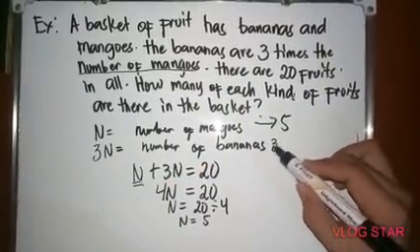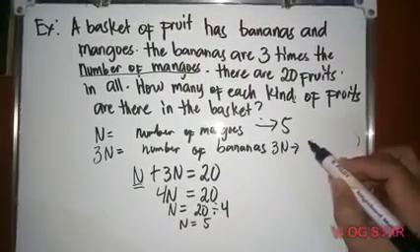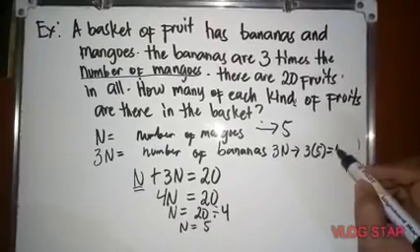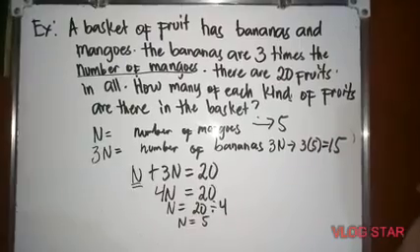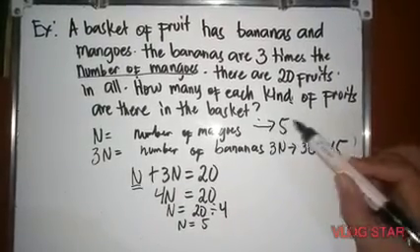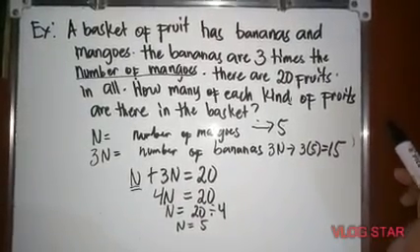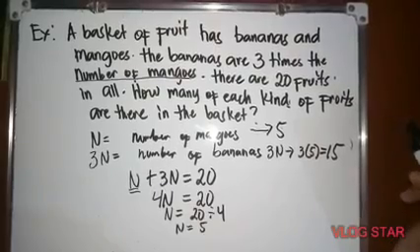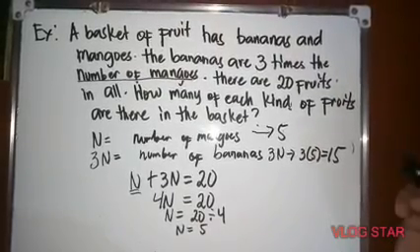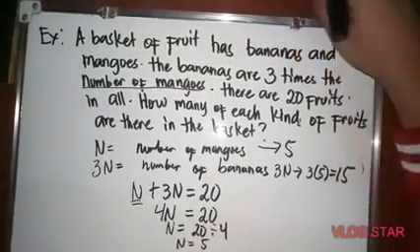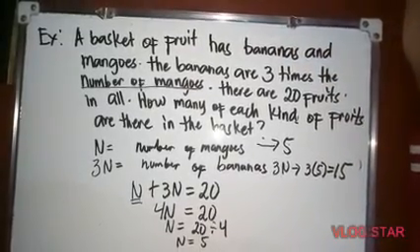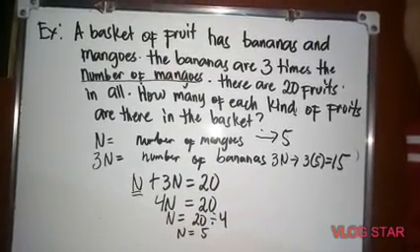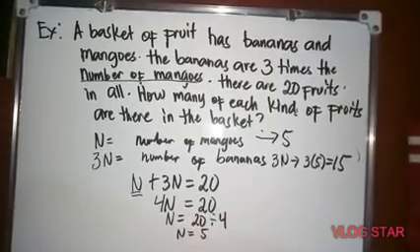So 3 times 5, the answer is 15. If we add 5 plus 15, that is equal to 20. It means that our answer is correct. So in short, there are 5 mangoes and 15 bananas in the basket.